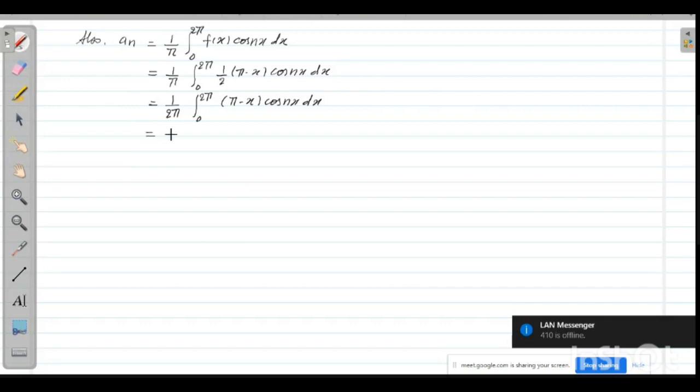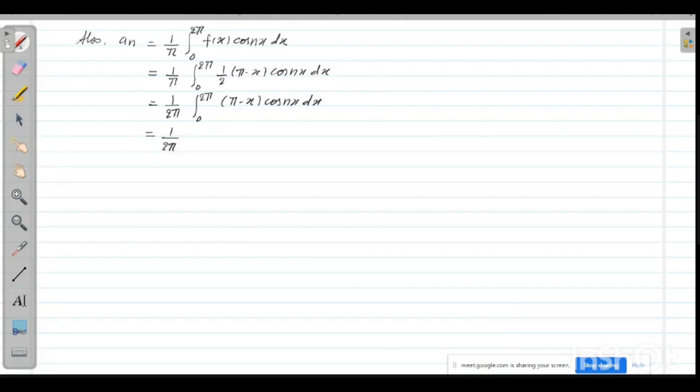So this equals 1 upon 2 pi. The first term is u, the second term is v. So we write u, that is pi minus x, times integration of v. Integration of cos is sine, that is sine nx divided by its coefficient n. And minus the derivative of u. Derivative of pi is 0 and of x is 1, so that will be minus 1.